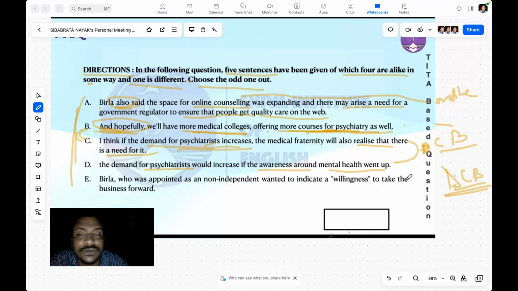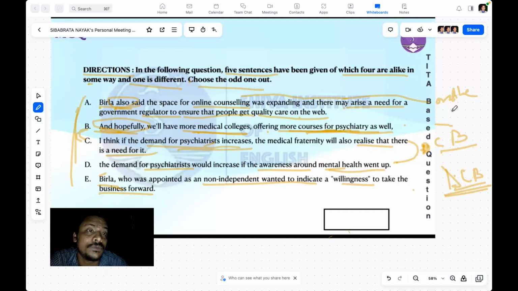So let's see option E: Birla, who was appointed as a non-independent, wanted to indicate a willingness to take the business forward, right? Now, this one is stated about Birla, and here also in the first place we find Birla also said the space for online counseling was expanding and there may arise a need for a government control to ensure that people get quality care on the web. So in that case, we could say A is more appropriate than E, because A stated about Birla, an individual, said about what?